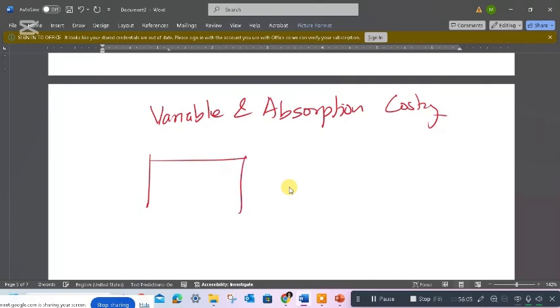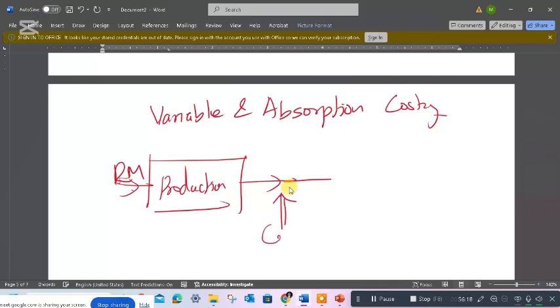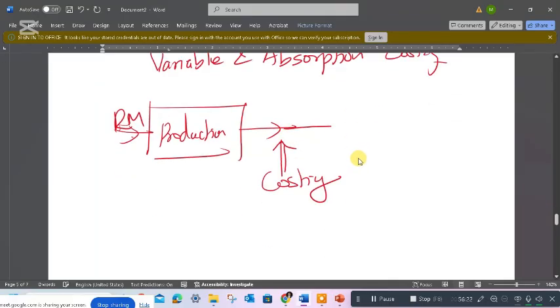You do the production. When production gets over, you give raw material input, you do the production. When production is over, at this point we do the costing. That means finding the cost of each product. Costing has to be done here.